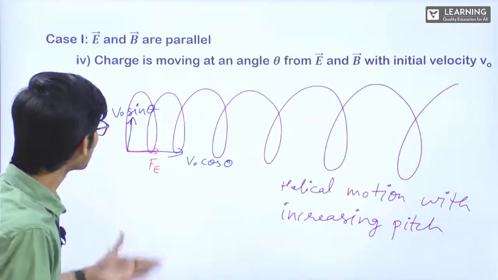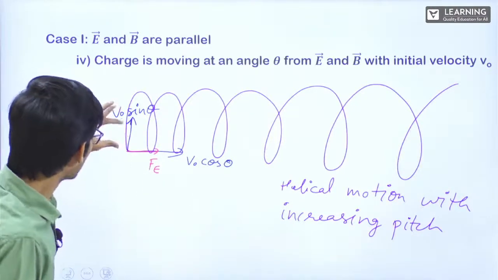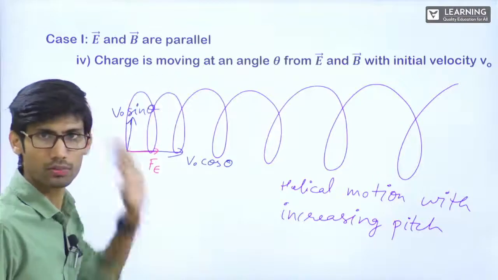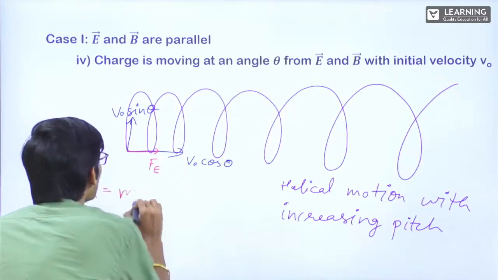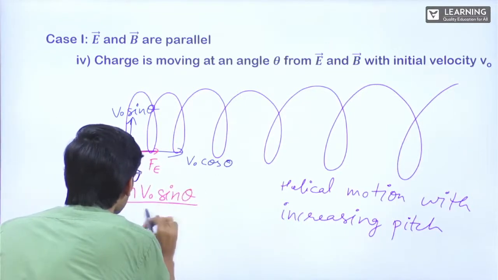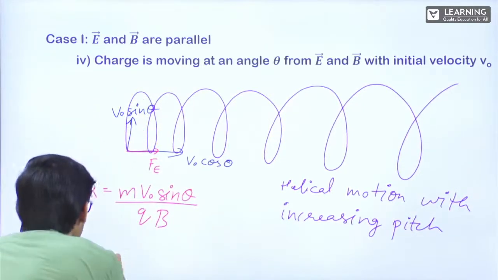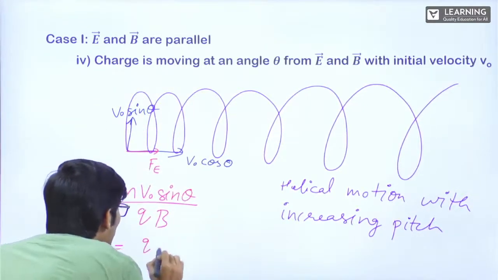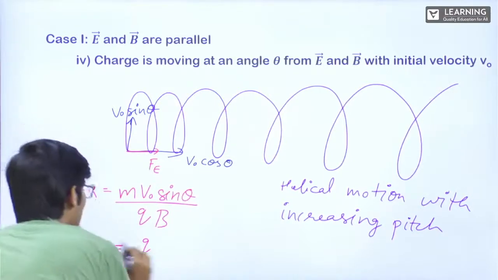Clear? Here the only difference between the previous one and this is because of this v sin theta, the circular motion will happen. So I can write the radius: m v perpendicular, that is v naught sin theta, upon qB. I can write the acceleration in x, that is qE by m.